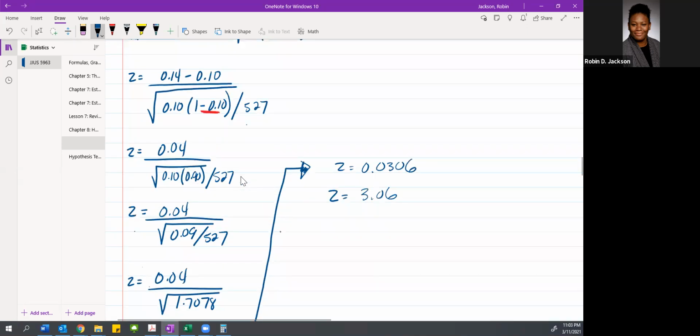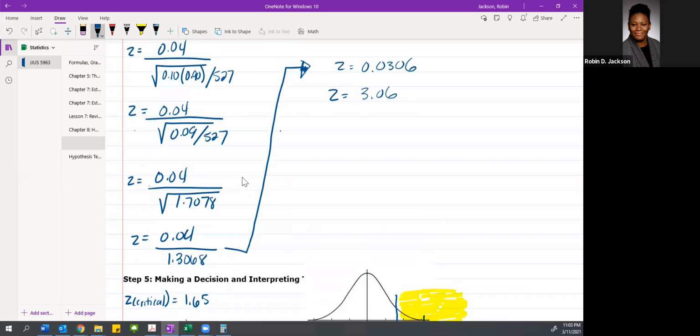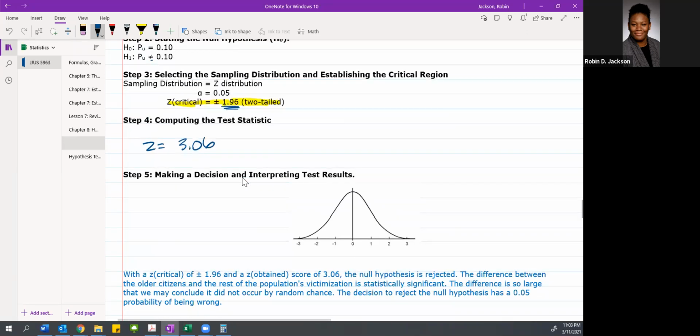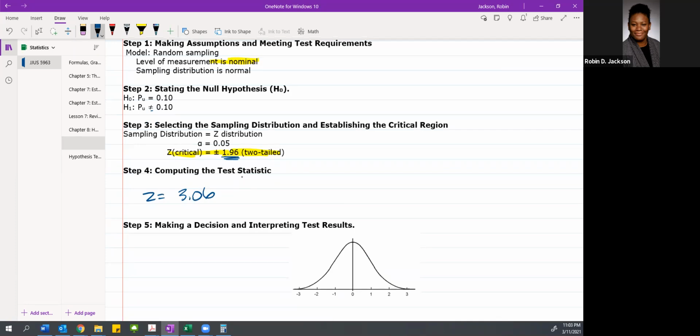You're still doing the same calculation. It's just that instead of a Z critical of 1.65, your Z critical is now plus or minus 1.96. Z obtained is still the same. That's going to equal 3.06.